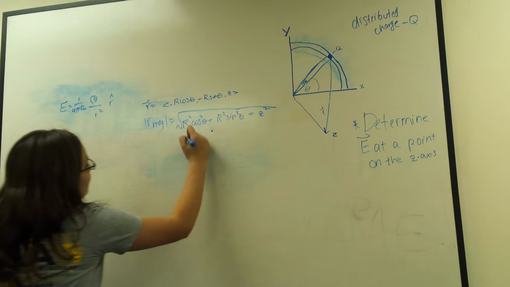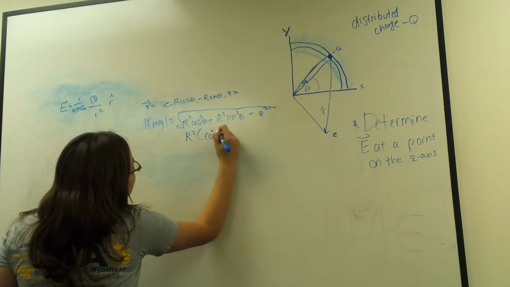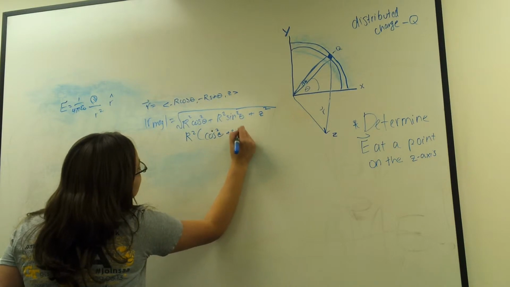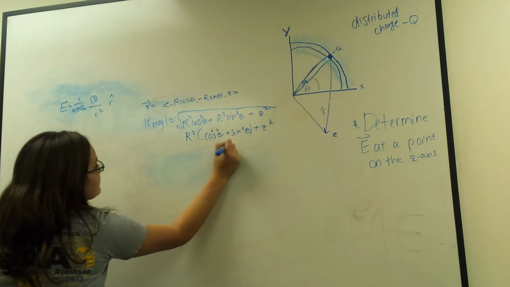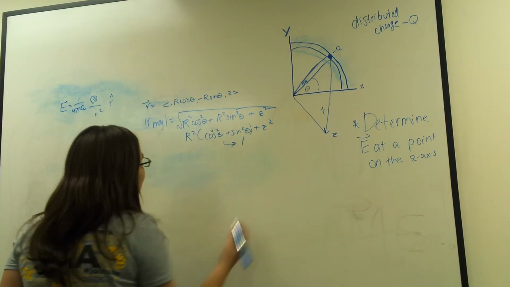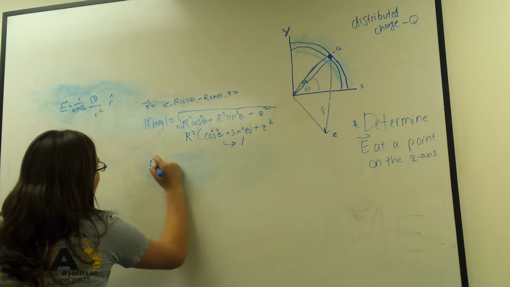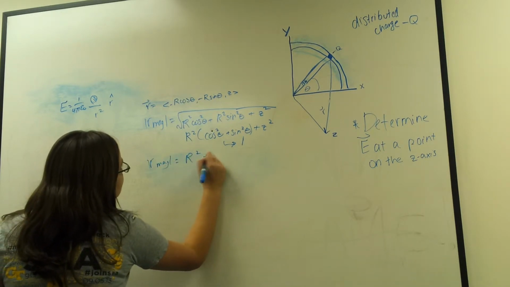We can pull R squared out and get cosine squared theta plus sine squared theta inside the parentheses, which is a trig identity that goes to 1. So we're left with R magnitude being the square root of R squared plus Z squared.